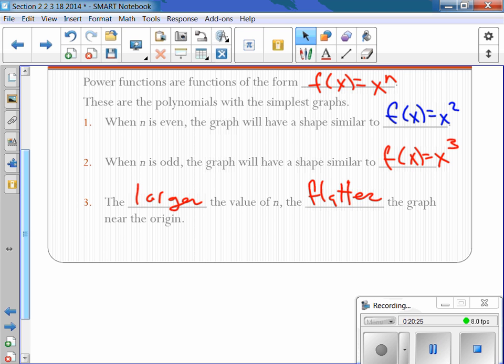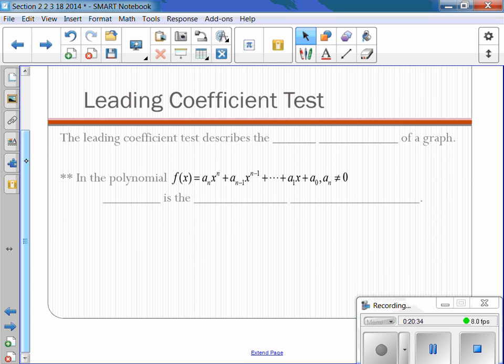So, this is the last thing we're going to be looking at today, the leading coefficient test, helping us determine the end behavior of a graph. What do I mean by end behavior?